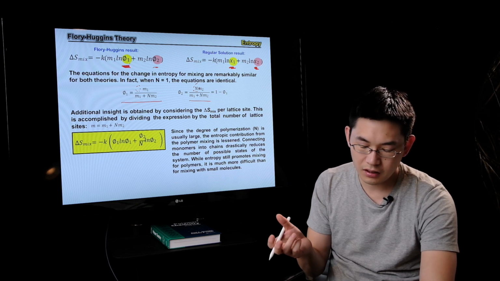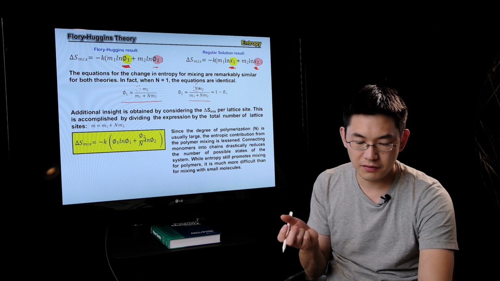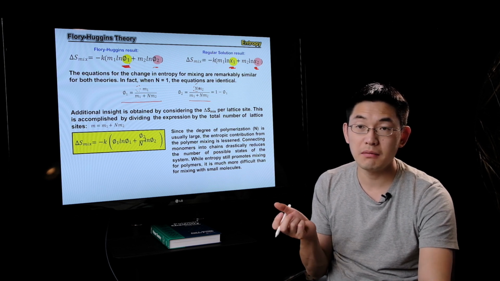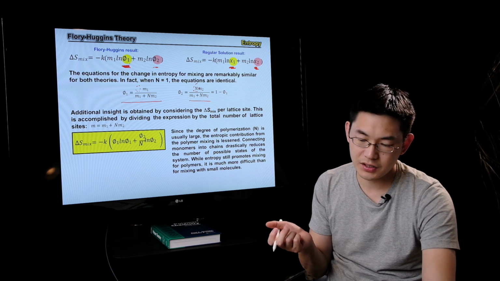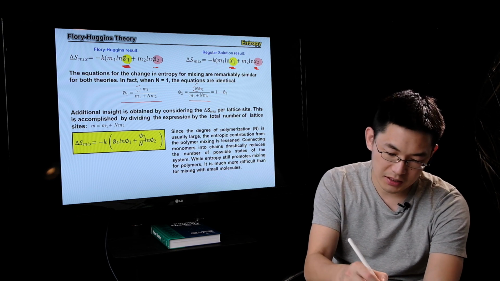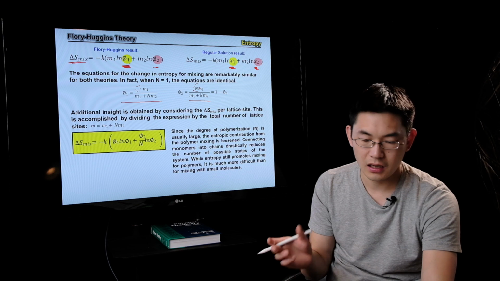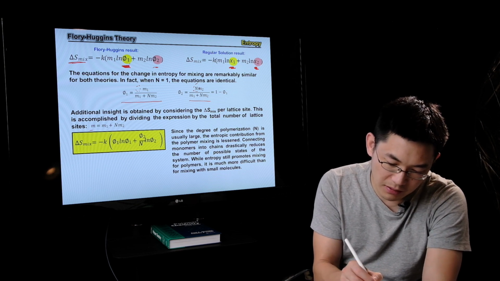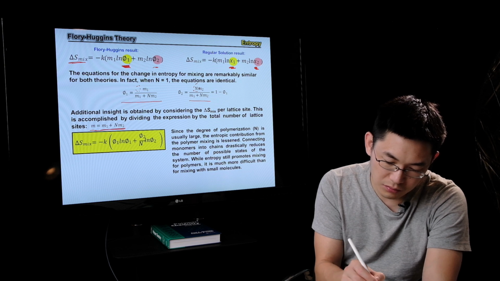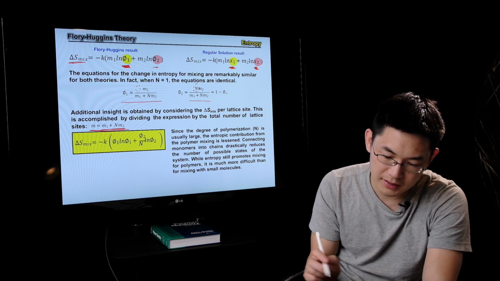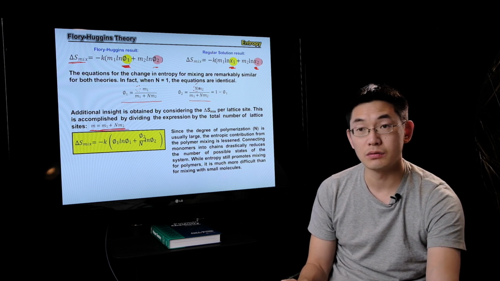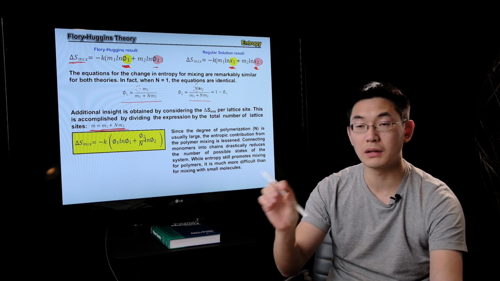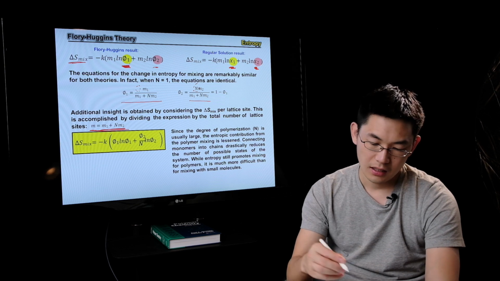for the whole component or normalized by number of lattice sites. What we mean by normalized by number of lattice is we need to divide delta S mix by how many lattice sites are in the system. And the number of lattice sites is defined by M, equal to the lattice number, n1 plus n multiplied by n2. This is the total available spots you can throw these white or black dots into in that system.